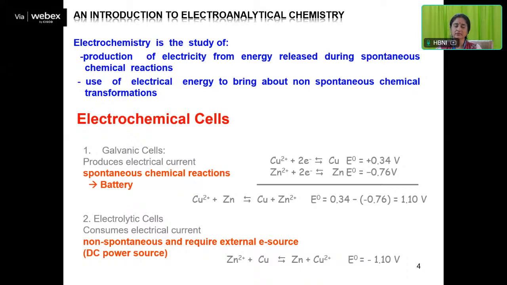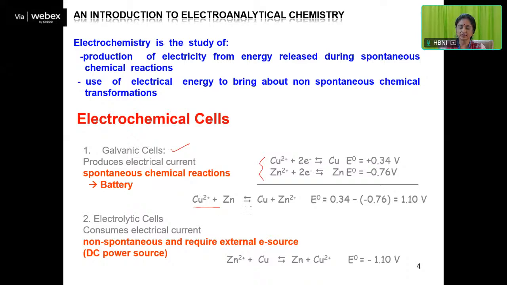When we talk about electrochemistry, immediately to our mind comes the electrochemical cell. So what is the electrochemical cell? It is either a galvanic cell or Daniel cell, which is a spontaneous reaction. If you have these two systems, copper and zinc, then copper will be reduced and zinc will be oxidized in the spontaneous system.